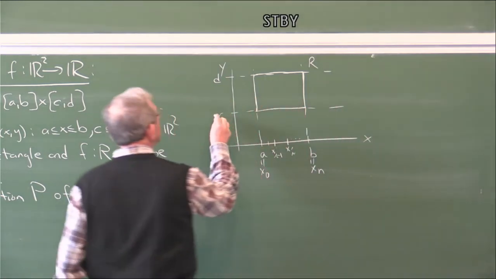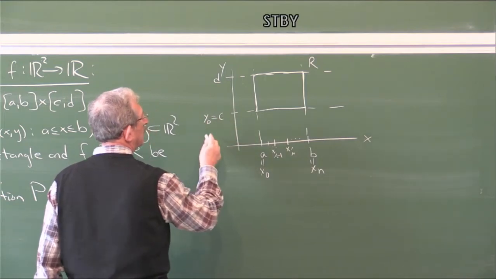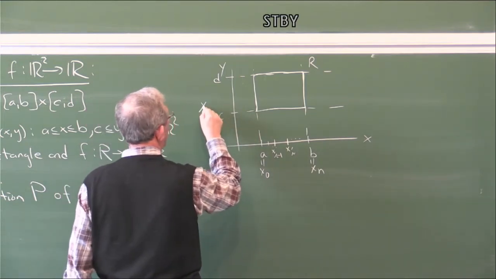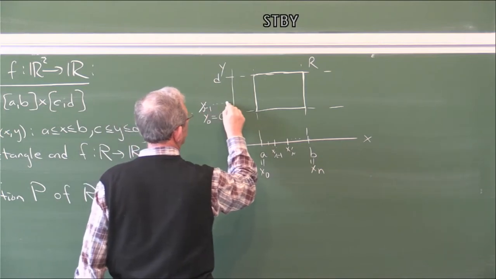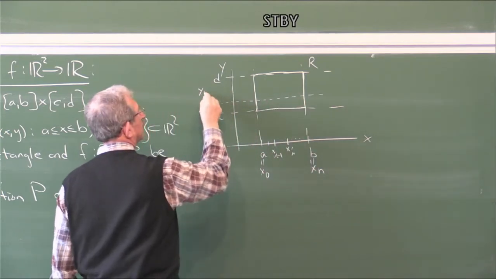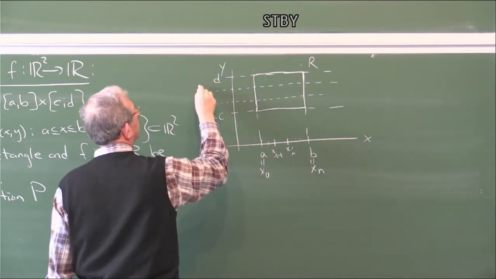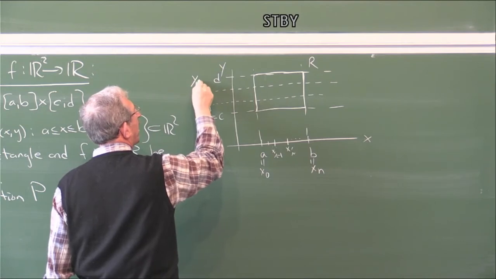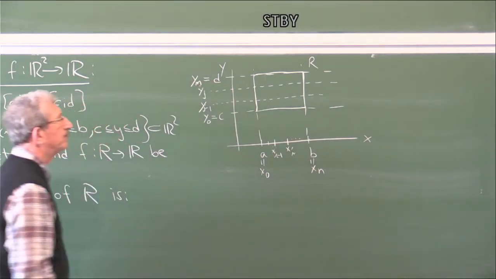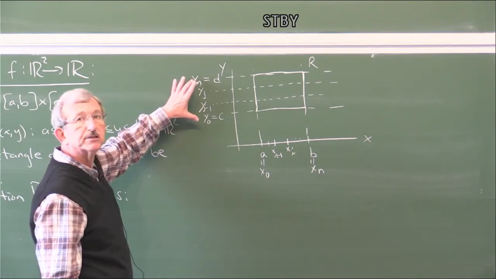Do the same thing here. Let this be y0. At some point, I will have yj minus 1 here, and yj. And finally, I will have ym as my d. So I divided the interval CD into m pieces.